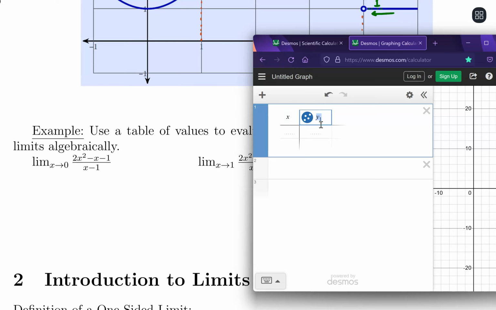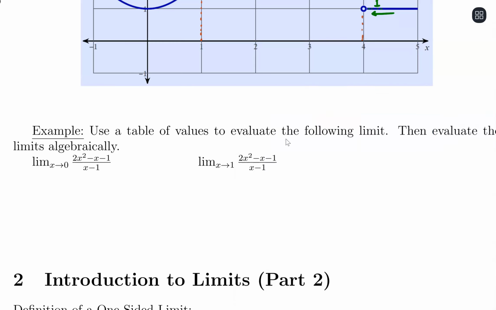So what we could do is separate up our fraction in the numerator, 2x squared minus x minus 1 over x minus 1. Now, if I want to evaluate the limit as x is approaching 0, what I want to have is a table that's looking as we're getting closer and closer to 0. So maybe I'll put 0 in the middle there.